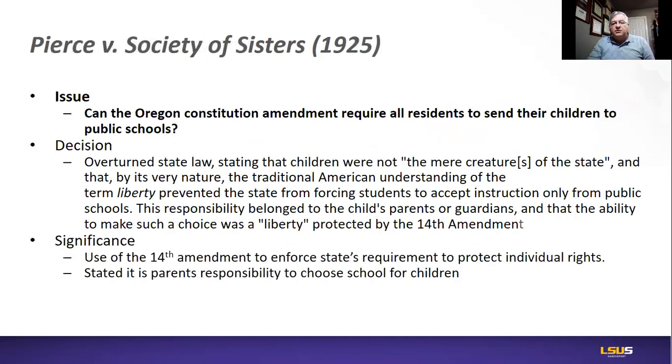The significance of this ruling was that it used the Due Process Clause of the 14th Amendment to enforce the state's requirement to protect individual rights, and that the parents are responsible for choosing the school for the children.